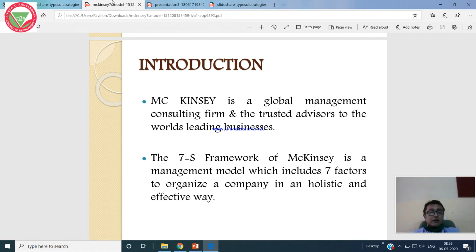And the 7S framework is a very important tool that helps the company gain reputation and hold it for a longer period of time. Therefore, it becomes very important for everyone to understand, implement and adopt this 7S model.